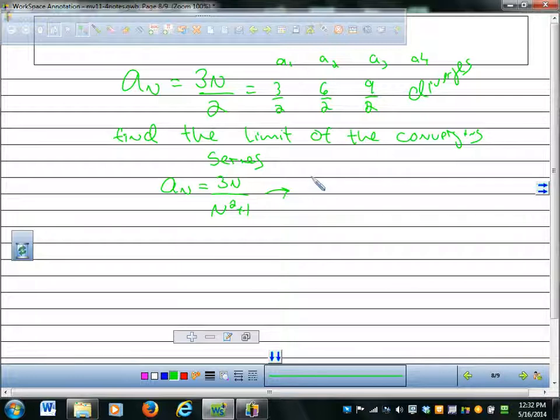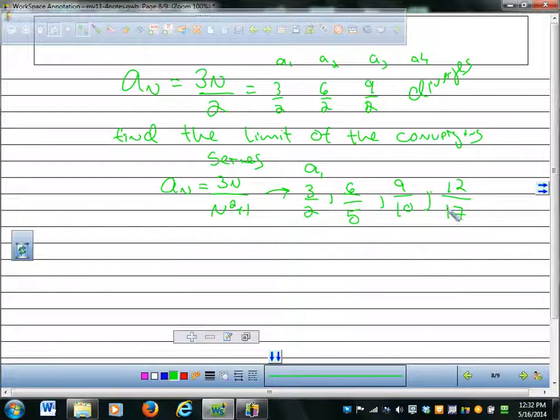If I plug in 1, I get 3 over 2. So it starts off the same as this one. What's the next term? 6 over 5, since you plug in 2 and get 6 over 2 squared plus 1, which is 5. The next term is 9 over 10, and then 12 over 17.